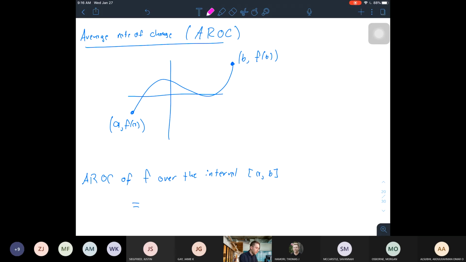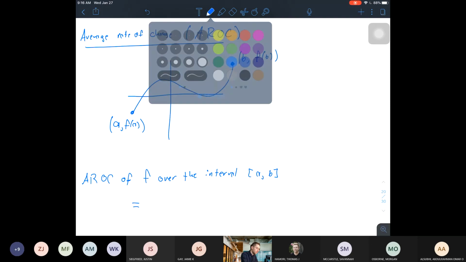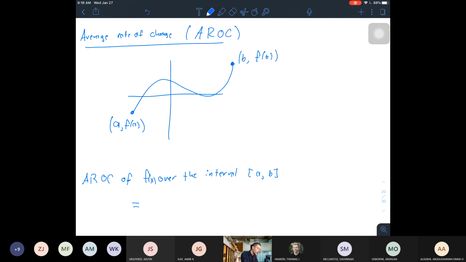So if we have a function, such as the one that's drawn here, we call the average rate of change of this function f of x over the interval from a to b.